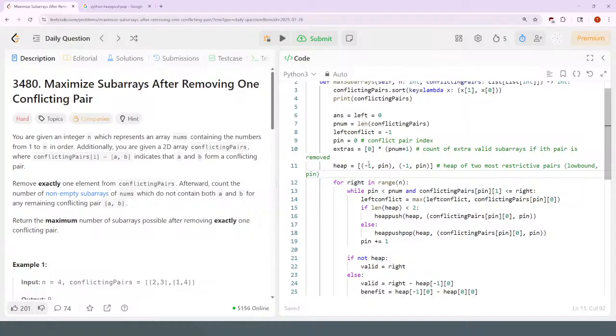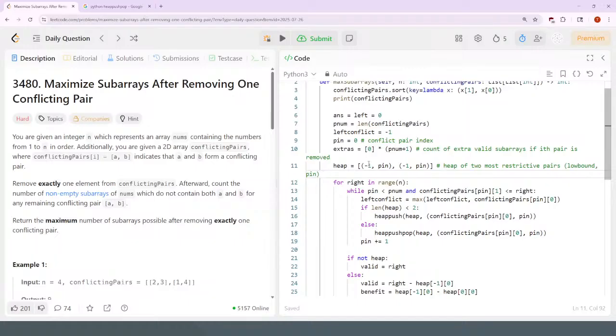Should it be -1 or 0? If the left index was 1, then that would equate to being 0.